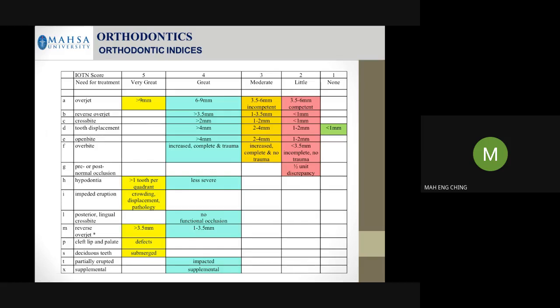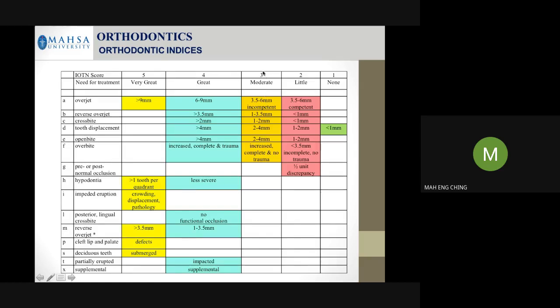So if either one is a problem, they have problems eating or speaking, then they fall into category M. So for example, let's say you have 1.1 reverse overjet, 1 to 3.5, but have a problem with speaking and eating, then straight away it is upgraded to 4M. From 3, it is upgraded to 4, but the alphabet becomes M. This one is B, then M is with mastication or speech problem.